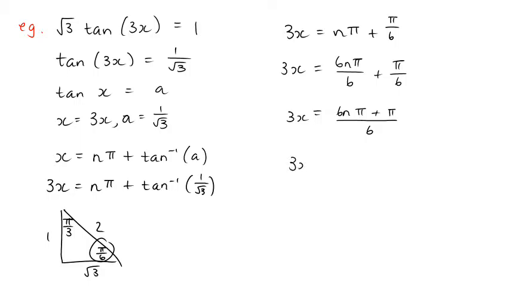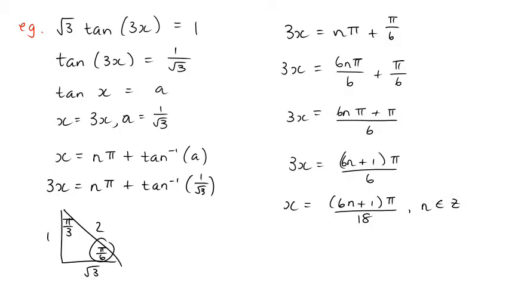Yep. 6n plus 1 pi over 6. Divide by 3. And remember, when you divide a fraction, you times the bottom. So we get, yep. And don't forget, n is an integer.